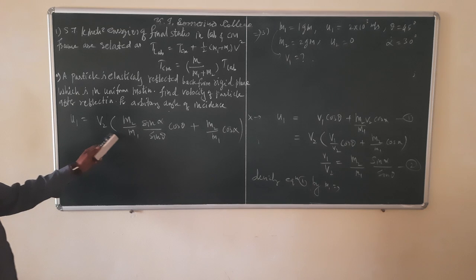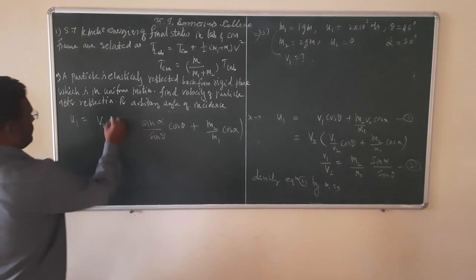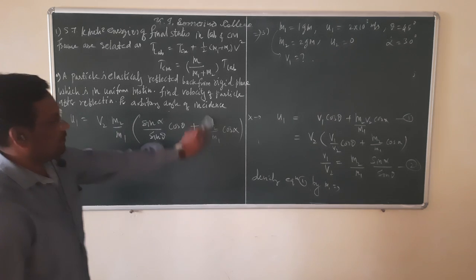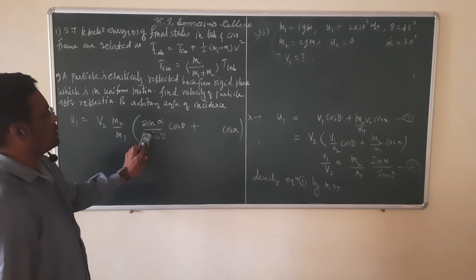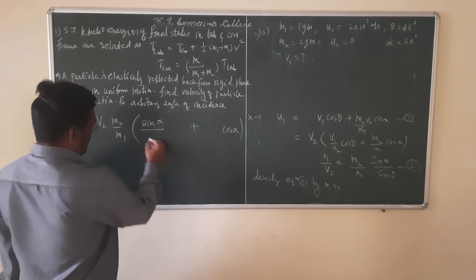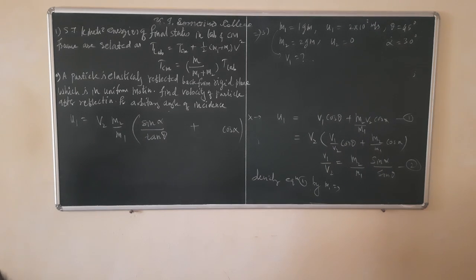Here we can take m2 upon m1 as common. Cos theta upon sin theta, or sin theta upon cos theta, is tan theta. So this is equal to this.